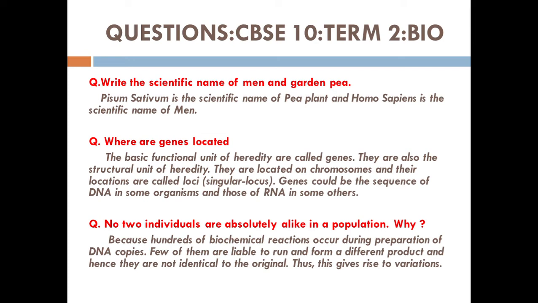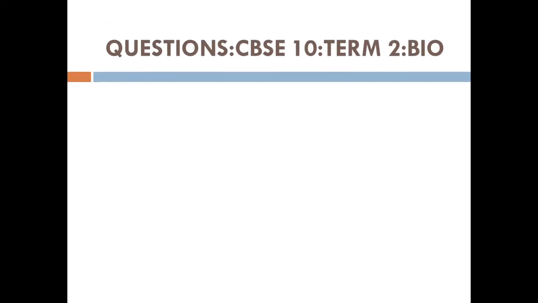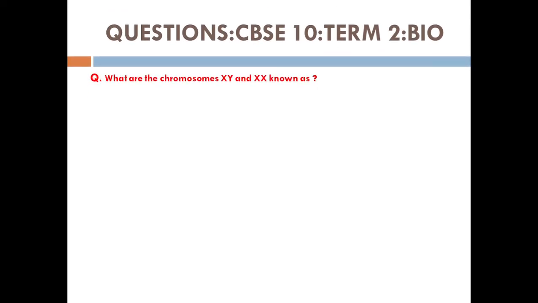Then the next question is, what are the chromosomes XY and XX known as? The answer is, XX are called autosomes whereas XY are called the sex chromosomes. Here XX is a chromosome pair present in a female body, whereas XY is also known as allosomes, present in a male body.